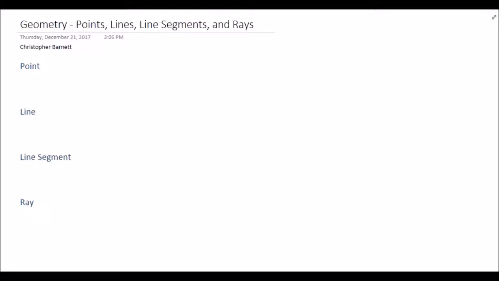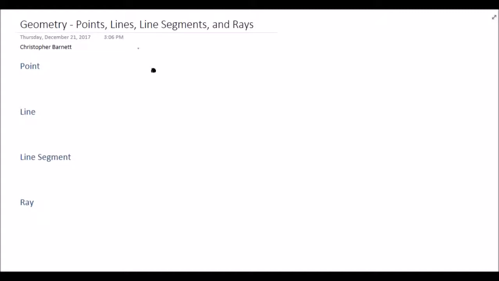So a point in math is basically a single location or an exact position on a plane or a surface. So it looks something like this. It's basically a dot.